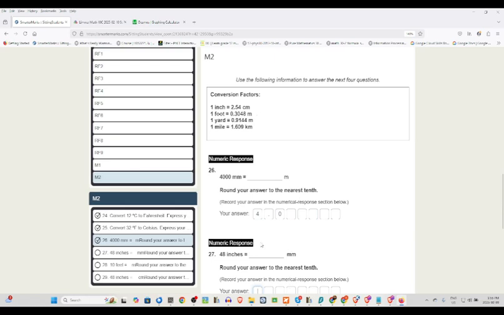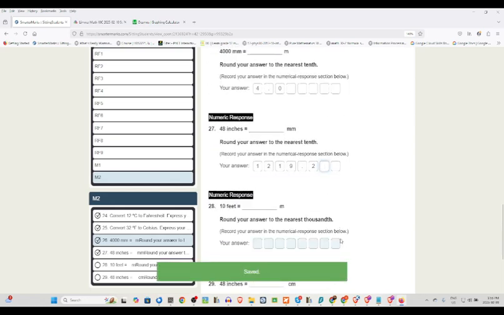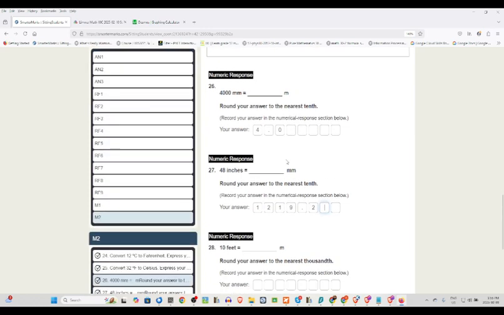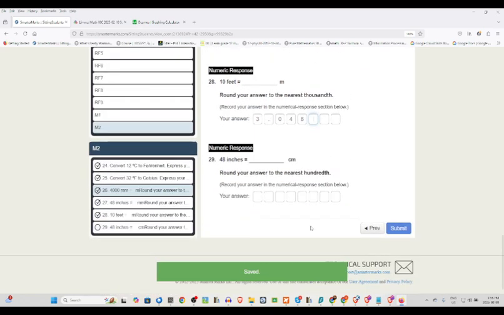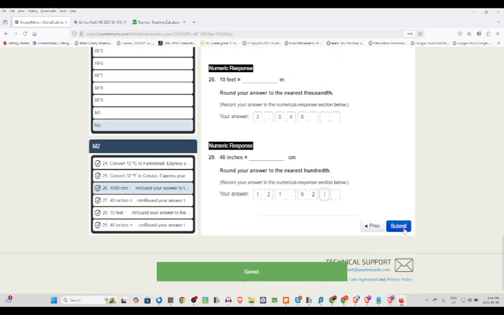So that would be 1219.2. 10 feet into meters. They're saying 1 foot is 0.3048 meters, so 10 feet would be this times 10. 3.048 is to the nearest thousandth. And 48 inches into centimeters. We've already done it into meters. So hopefully we have done those consistently.